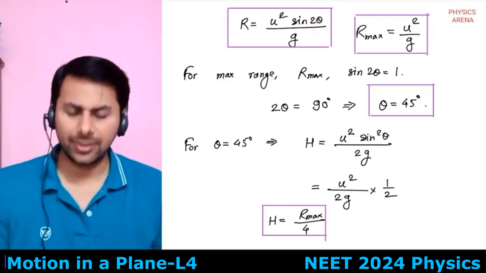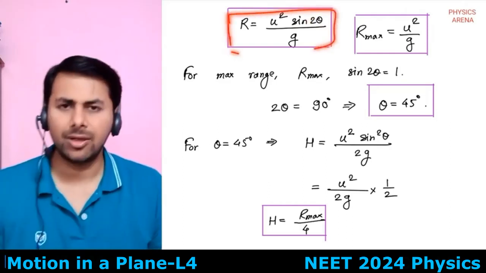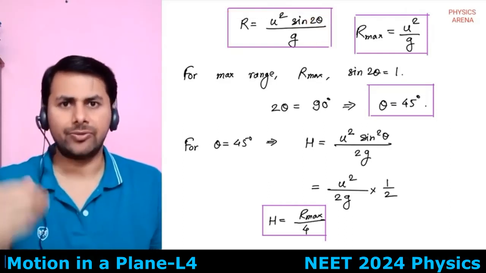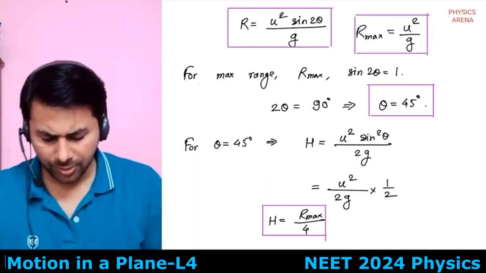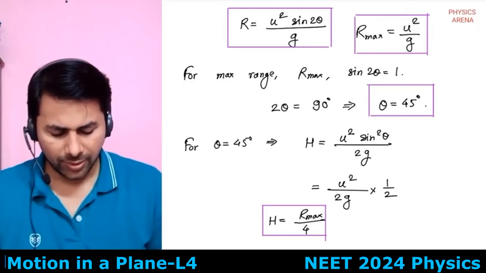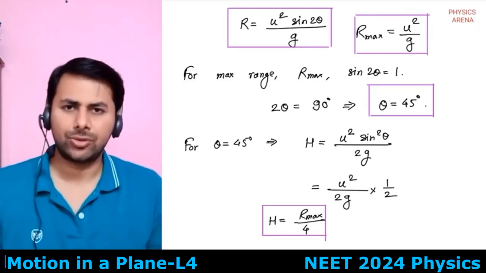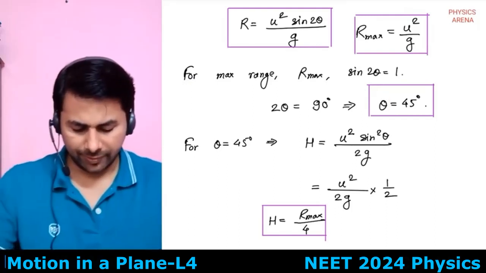When 2 theta is 90 degrees, this term will be maximum. So the range will be maximum when you throw it at 45 degrees. So for maximum range, the angle of projection should be equal to 45 degrees.